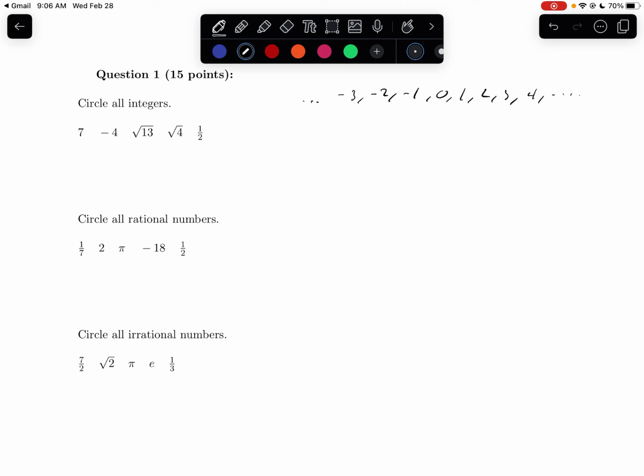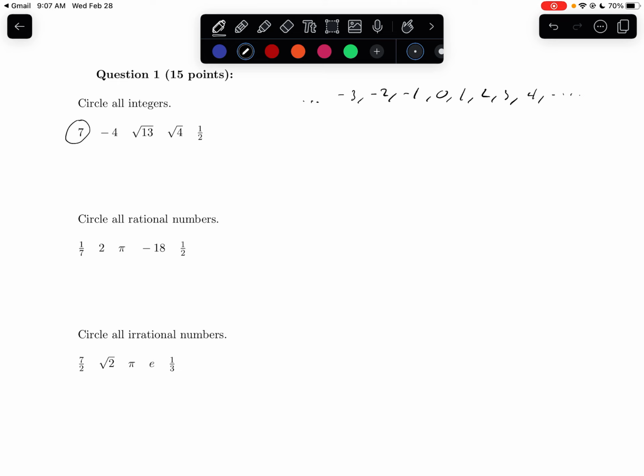They go on to negative infinity, but they are just the counting numbers. So if we're looking for the integers, we're going to have all numbers that are the counting numbers, or you could also think of these as the numbers that could be simplified to the counting numbers, positive and negative. So 7 is obviously a whole counting number, so we're going to circle that one.